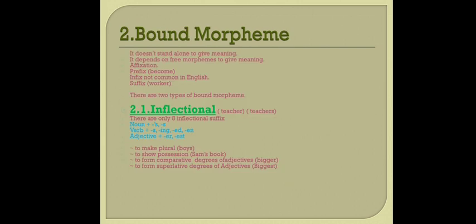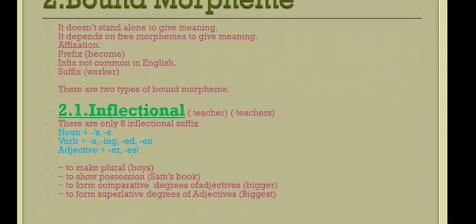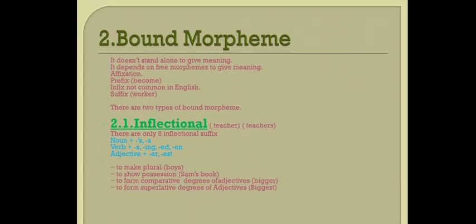Let's talk about the other type of morpheme, that is bound morpheme. Bound morpheme cannot stand alone. It cannot give you a complete meaning without a free morpheme. It depends on free morphemes to give meaning. Let's take an example of the word worker. When you say worker, there is a word work and er. So er is a bound morpheme.